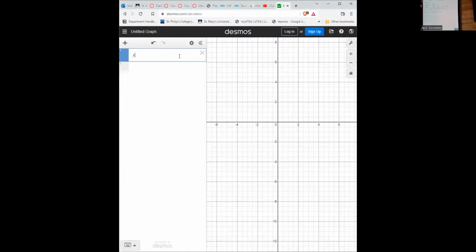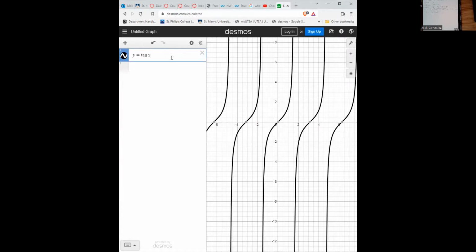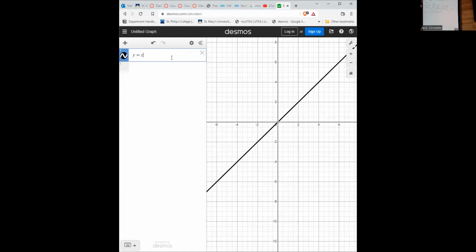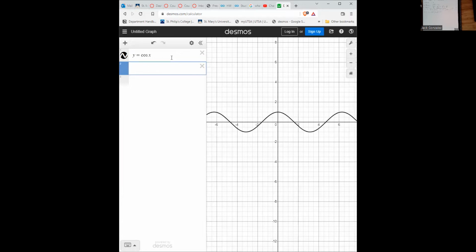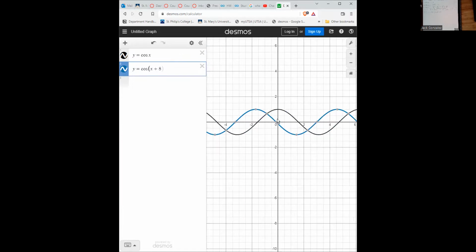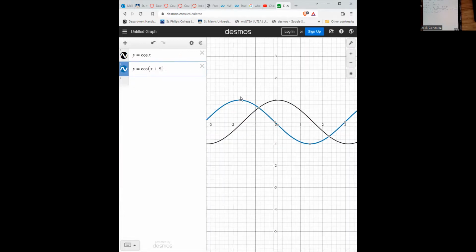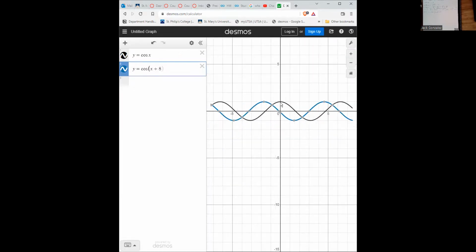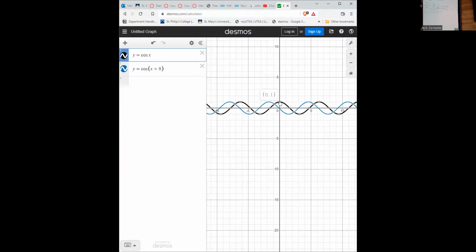Okay, so y equals tan x is the original. Well, actually, let's use an easier example first. Use cosine. So y equals cosine, and then you put plus 8. Notice how it has shifted. The original was at 0.